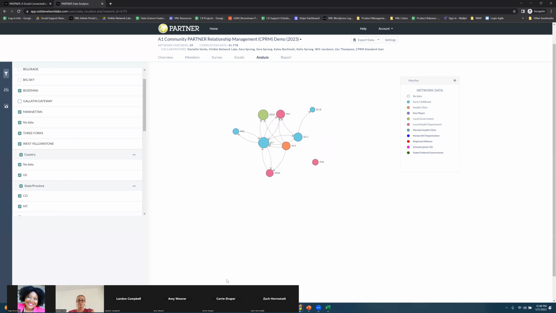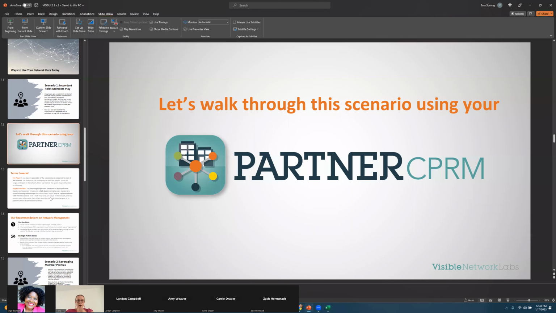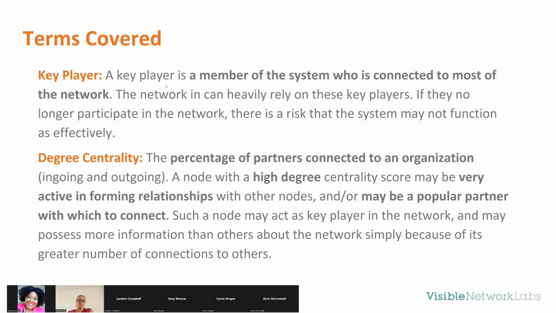I'm going to pass back over to our PowerPoint here, just so you can see that there are different ways to see key players' influence in the different types of networks they belong in, or see if they play a key role in a specific network.